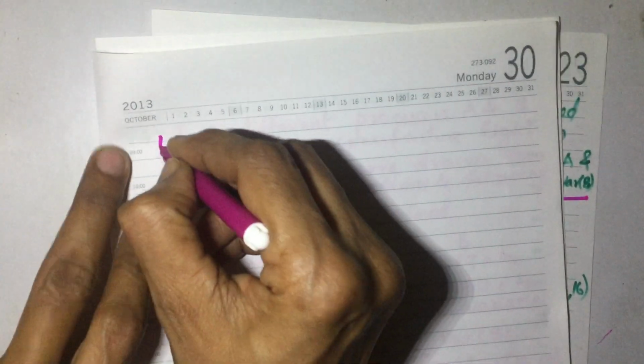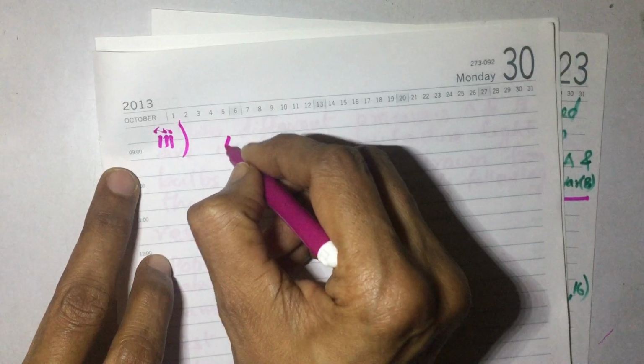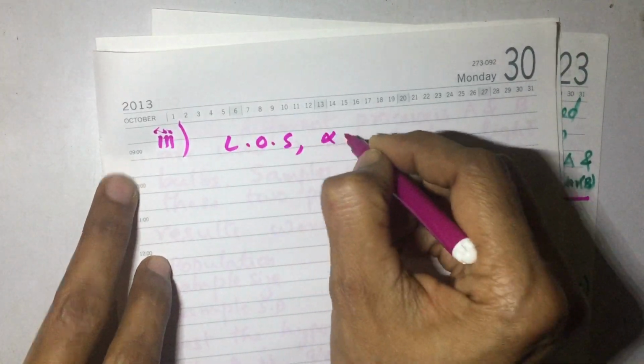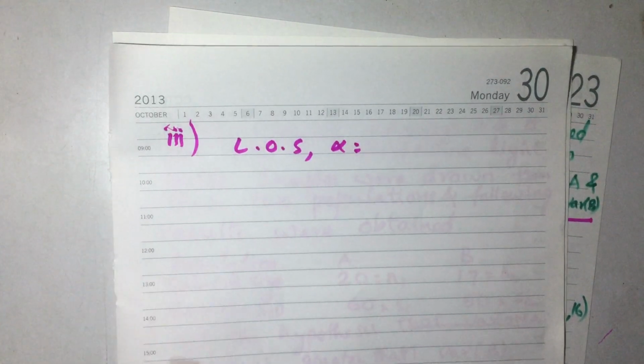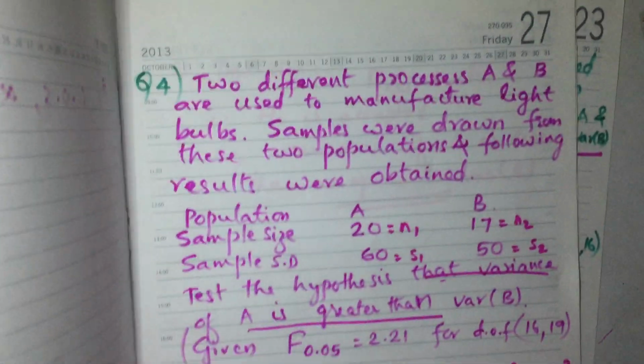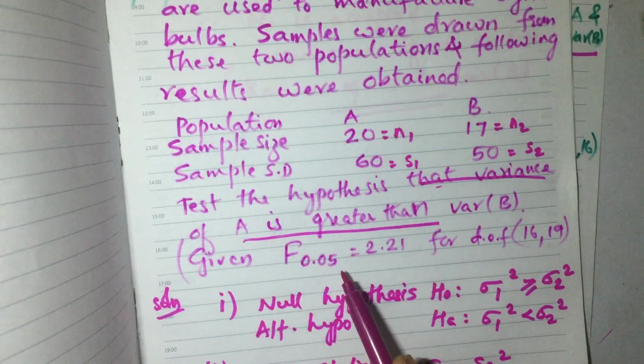So third one, level of significance. Alpha is given here in the table value as F 0.05.